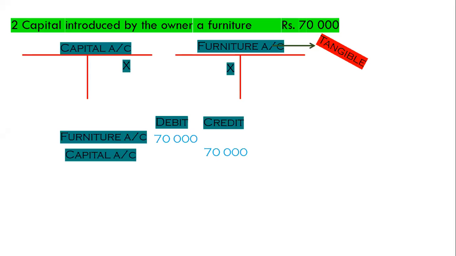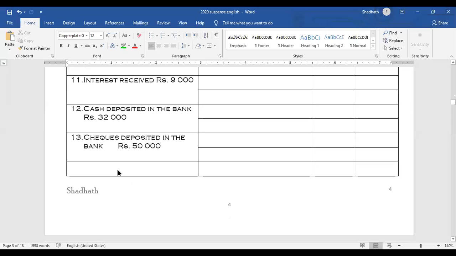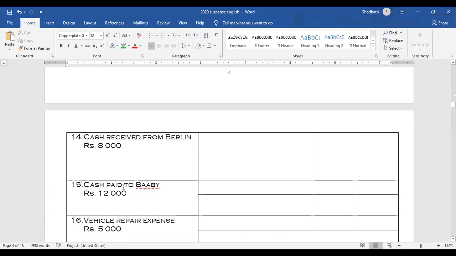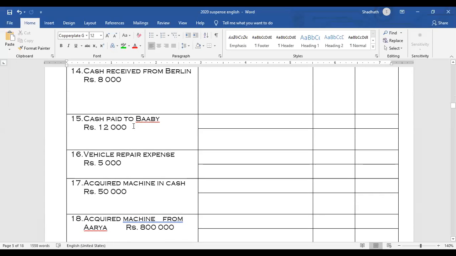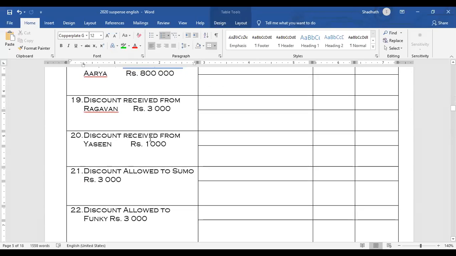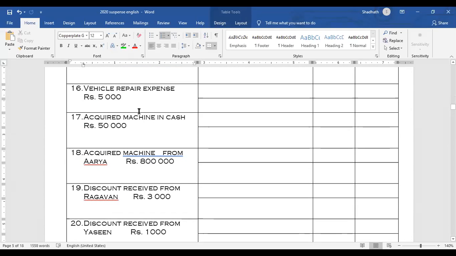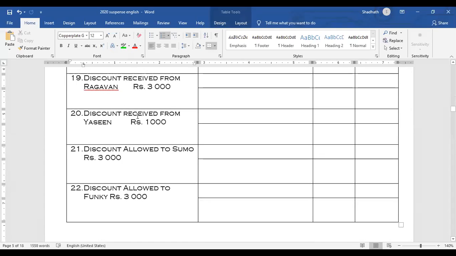In this question, do 1 to 15, that's enough. Send me the answer if possible today itself. If anyone wants to try up to 22, no harm, you are welcome.